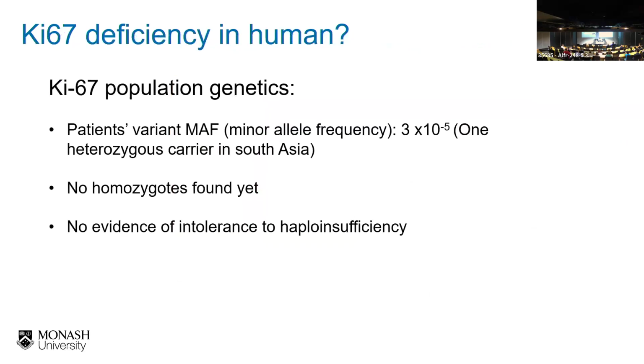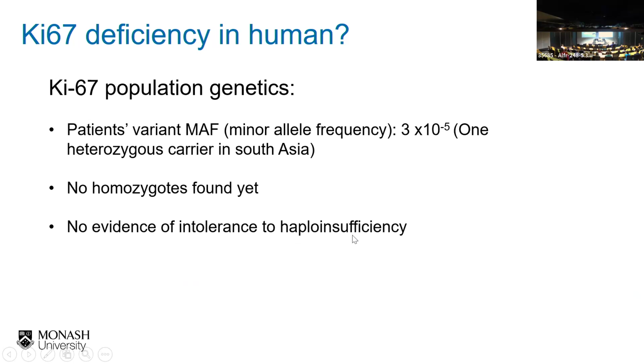And Ki67 population genetics is very under-investigated. As you can see in the examples here, the frequency of variants in the human population is very rare. So far, there's only one heterozygous carrier found in South Africa and no homozygous found yet, and there was no evidence of haploinsufficiency.